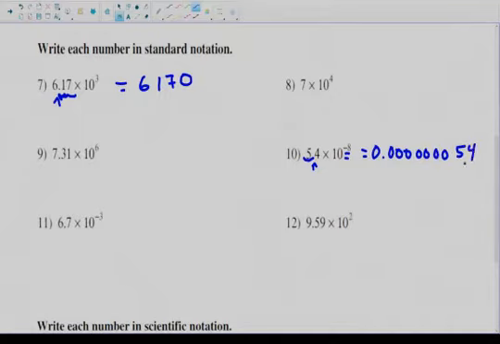And if you count from here where the decimal was, 8 spaces to the left, 1, 2, 3, 4, 5, 6, 7, 8, you find where your decimal is supposed to be. This first 0 here doesn't count because it's just showing that it's a decimal number smaller than 1. But when you see a negative 8 power, you don't technically have to count every space.